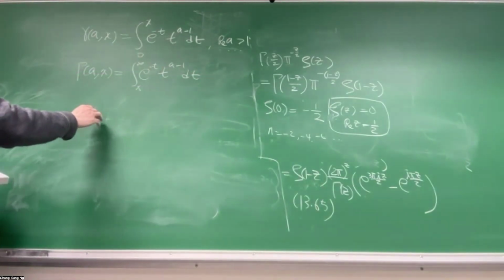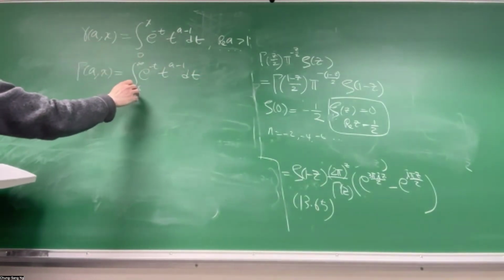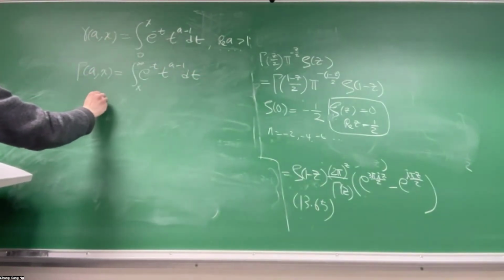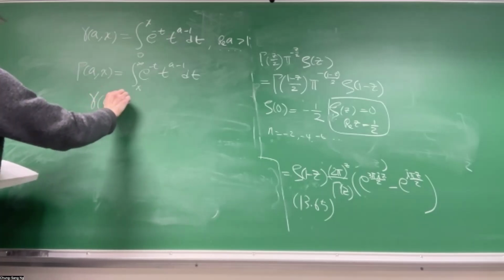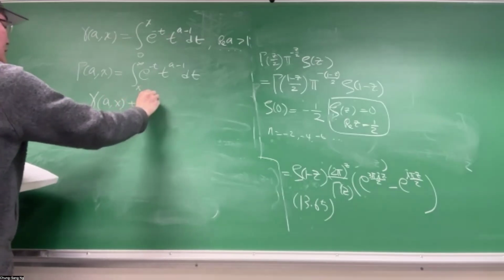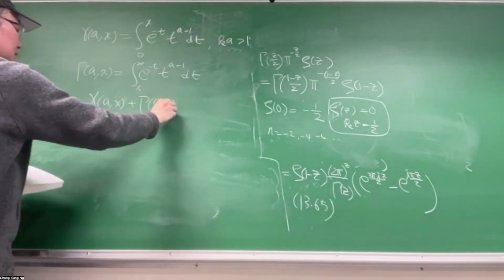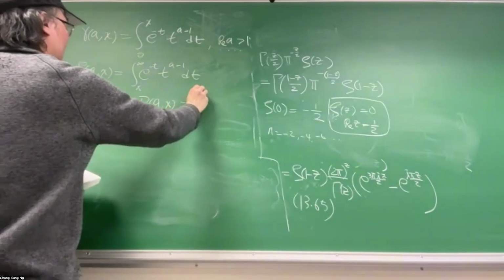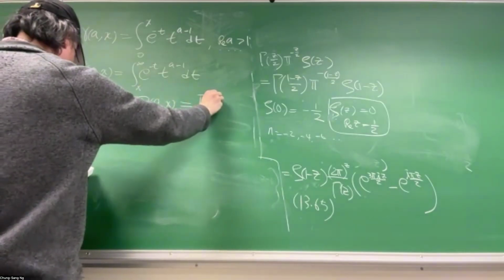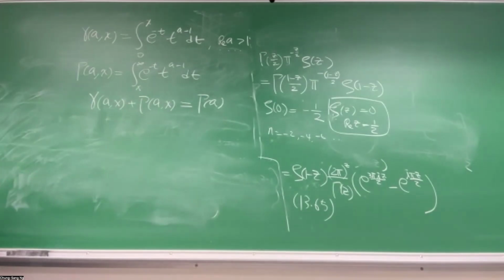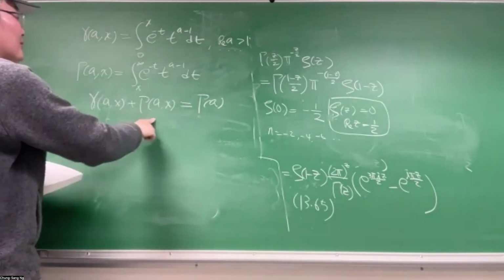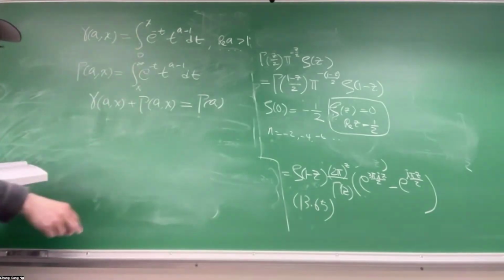Right. And obviously, if you add the two, you integrate from 0 to infinity, and it gives you back the gamma function. The one property relating the two kinds of incomplete gamma function is this: you add them to get back the gamma function, gamma a. So basically we separate the gamma function into two parts depending on this variable x.